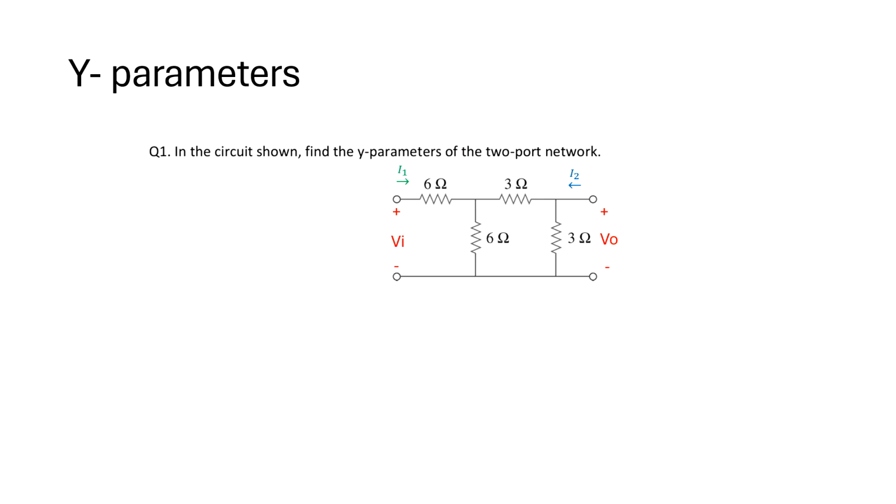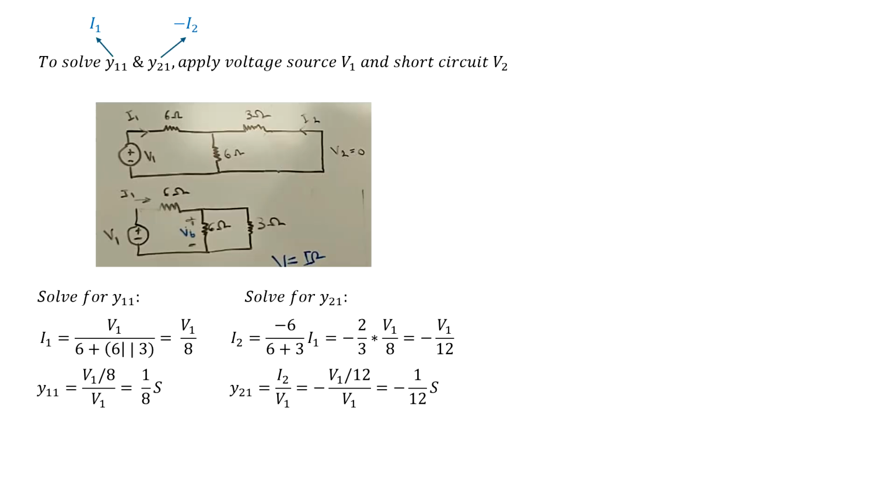So the first question involves the y parameters. Question 1: in the circuit shown, find the y parameters of the two-port network. If you remember the table previously, to solve for y11 and y21, we have to apply the voltage source V1 and short circuit V2, which I have drawn the circuit over here so that you can visualize it better.